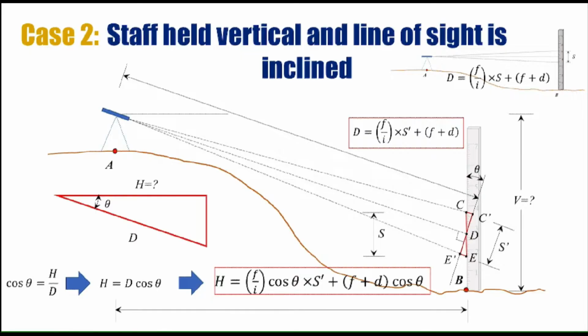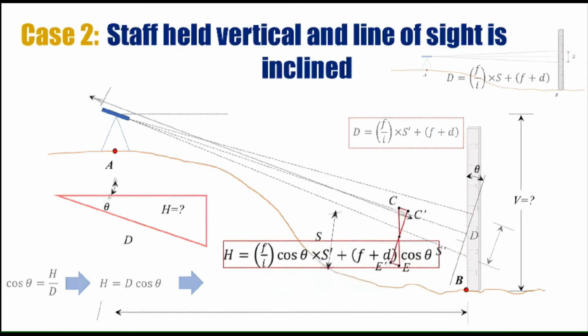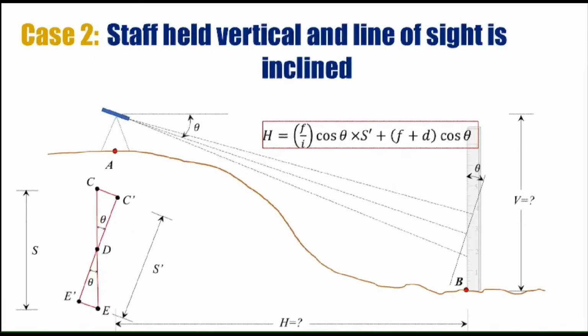So in order to have the relationship between s and s dash, we need to consider these two right angle triangles. In these two right angle triangles, CE is the real Stadia intercept and C dash E dash is the Stadia intercept on the imaginary line. Looking further into it, we can see that s dash is the base and s is the hypotenuse.